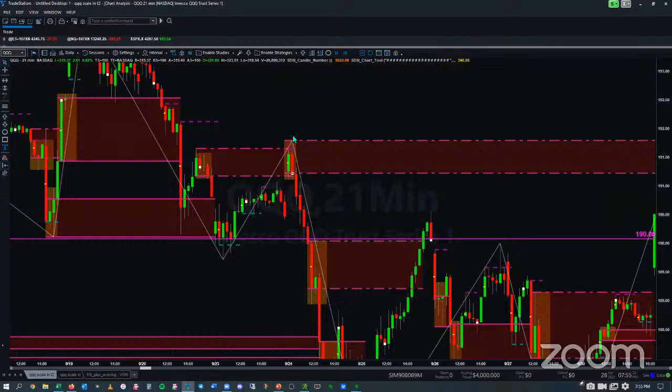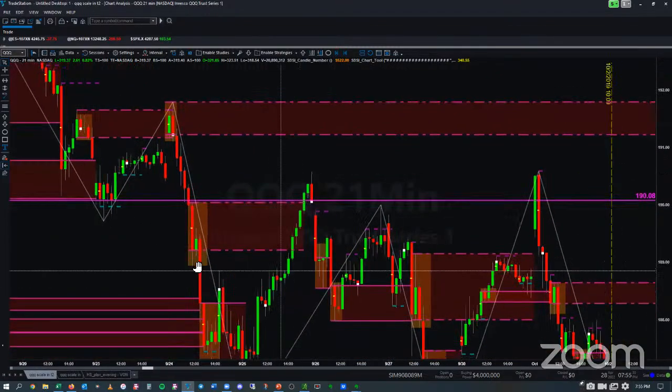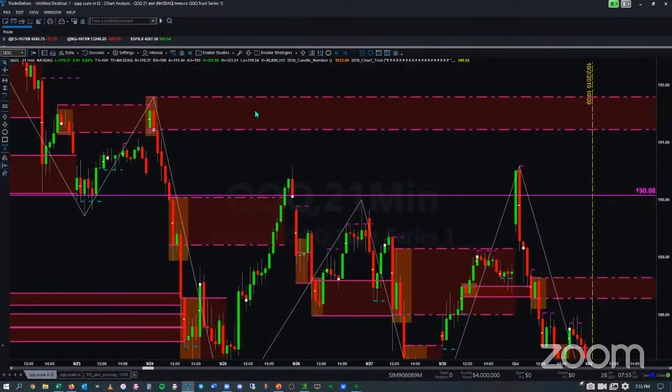And then price wicked through this one as well. And this one never got hit before price got to 1-to-1. And then here's another example of a band that was formed right at just below your entry. And you can see price marched right through that.